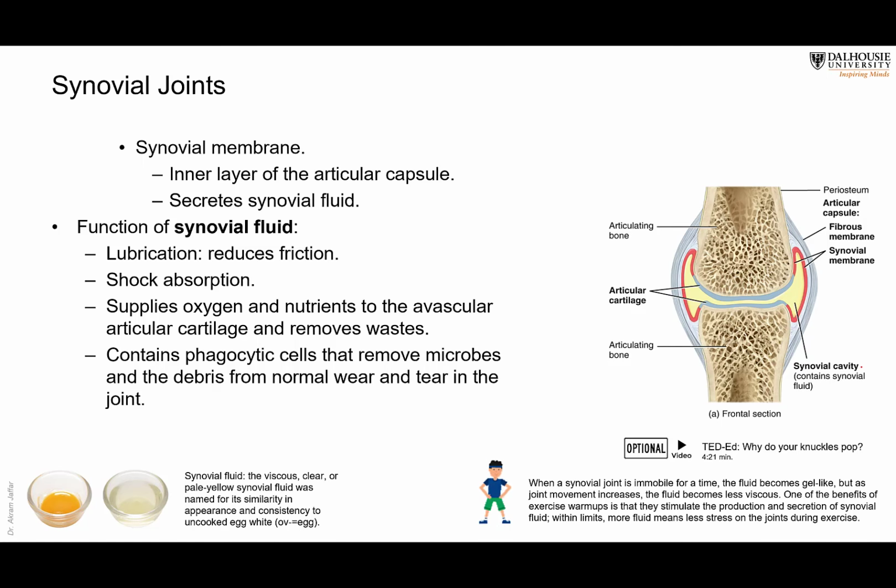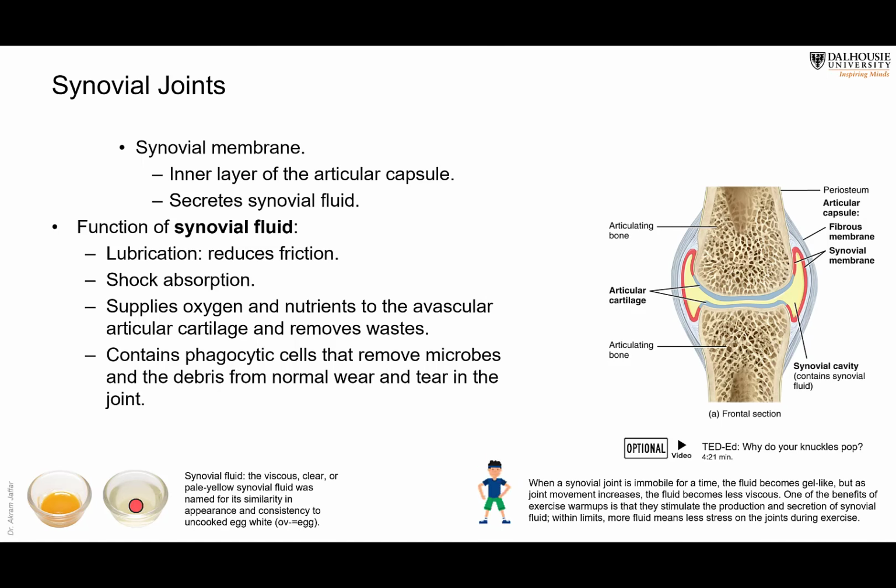Synovial fluid is a viscous fluid. It is clear, transparent, sometimes a little bit yellowish. In appearance and consistency, it looks like the white of an uncooked egg. That's why it's called synovial, ovum meaning egg: synovial fluid.